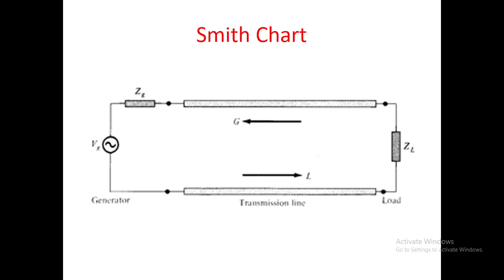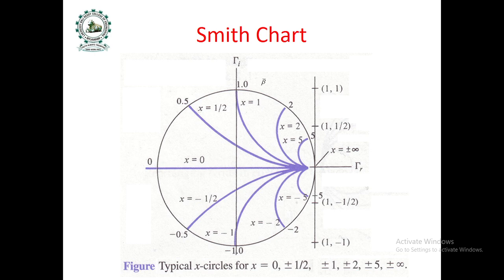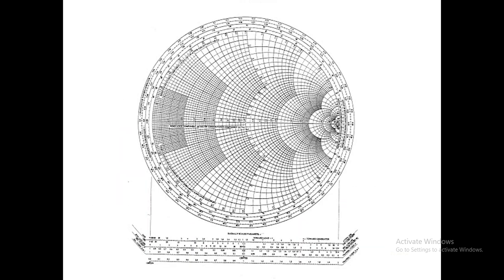So here moving towards generator, moving towards load, that indication is visible in the Smith chart. In the Smith chart, the upper half represents inductive reactance, and the lower half represents capacitive reactance.